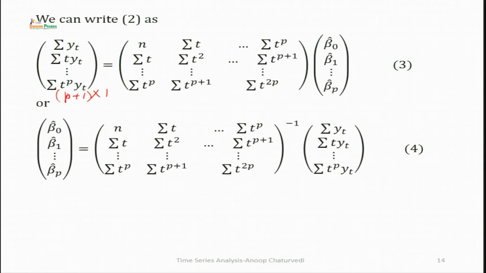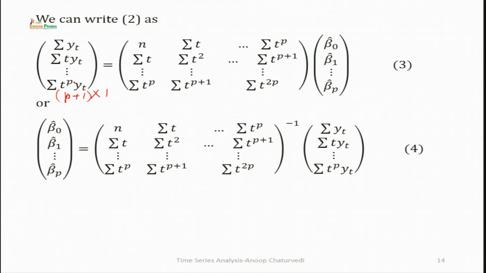Similarly, if you take summation t by t, this is equal to, you take the second row of this matrix and multiply it by this column vector. You get the second equation, and so on. At last, you get the p plus 1th equation.